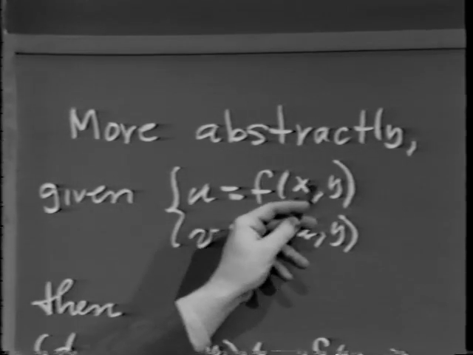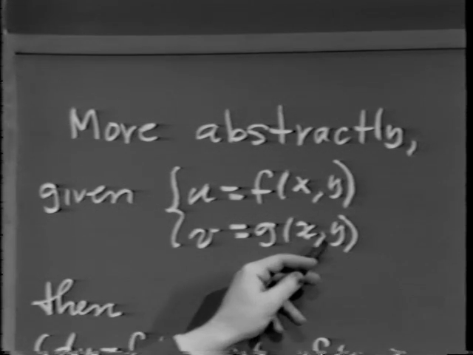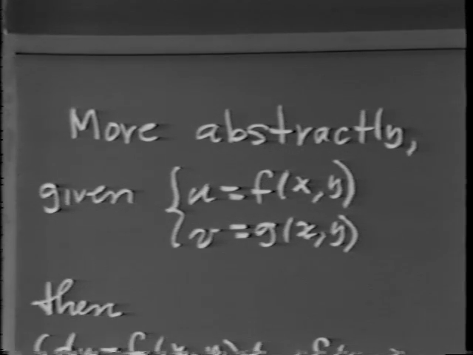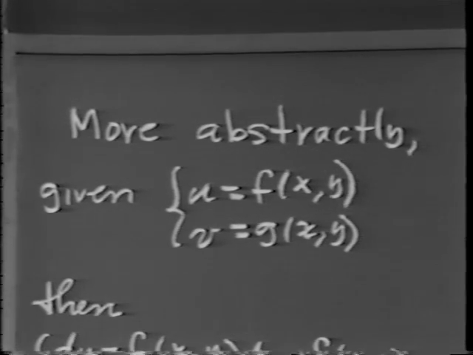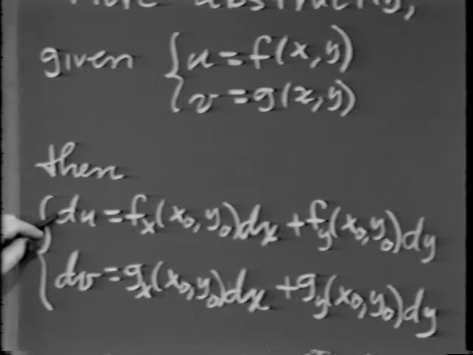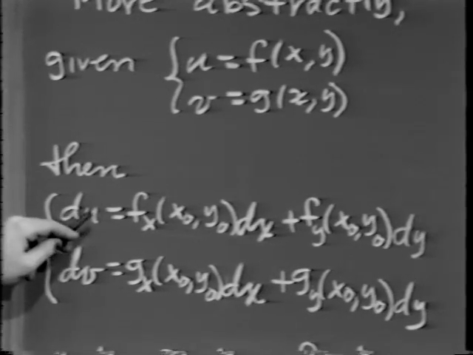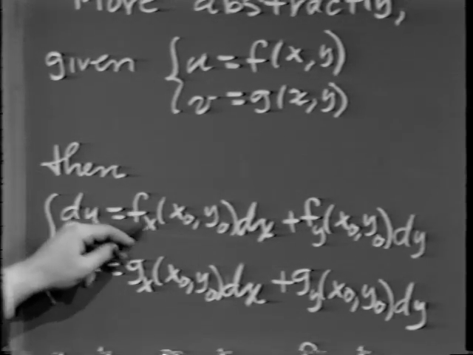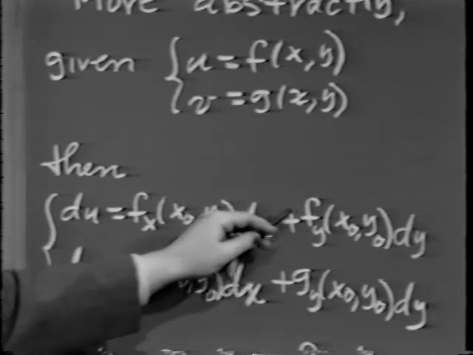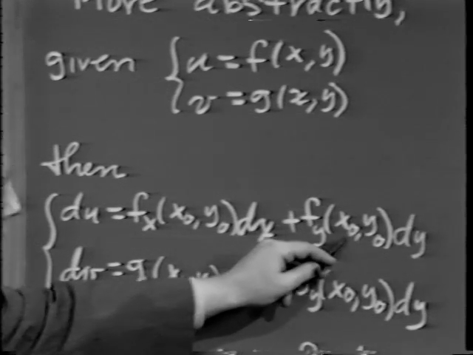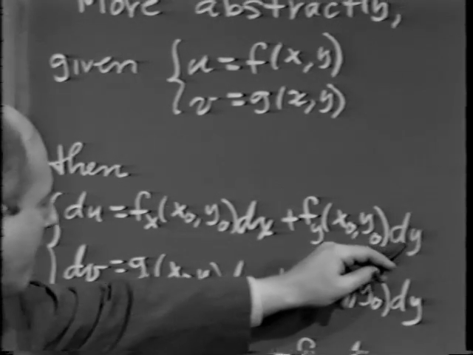Let u be f of xy, let v equal g of xy, and what we're saying is if you pick a particular point x0, comma y0, then by mechanically using the total differential, we have that du is the partial of f with respect to x evaluated at x0, y0 times dx, plus the partial of f with respect to y evaluated at x0, y0 times dy.